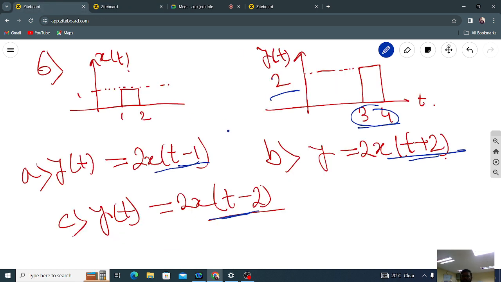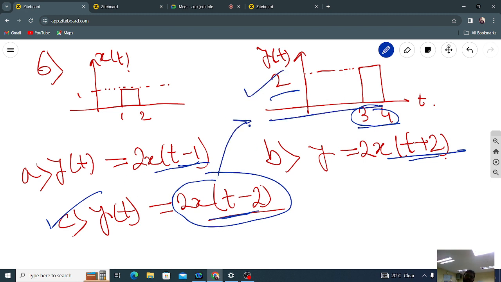So the correct option is option C. y of t is equal to 2 of x of t minus 2. This is the right signal for this one.